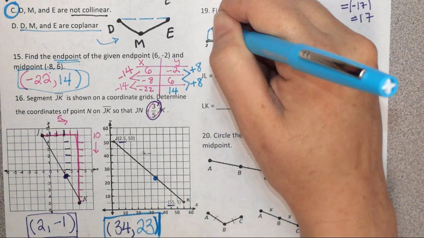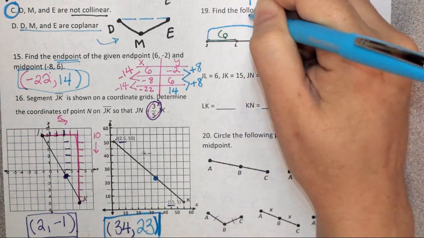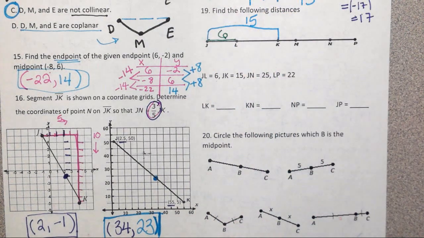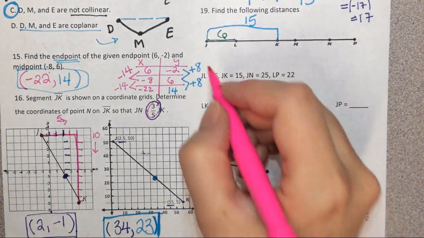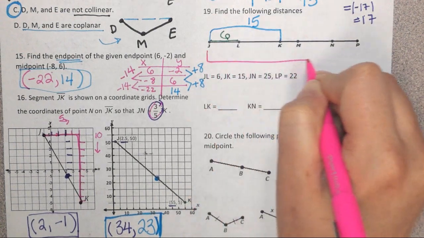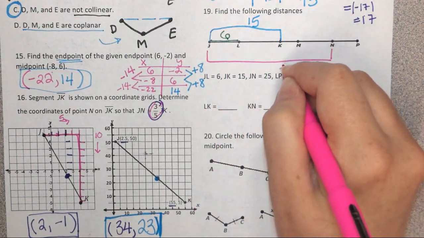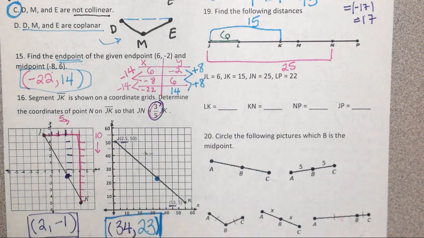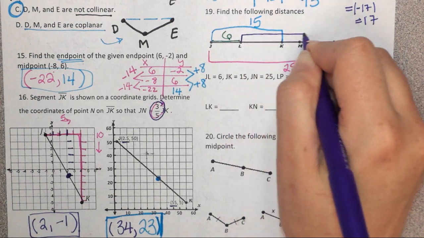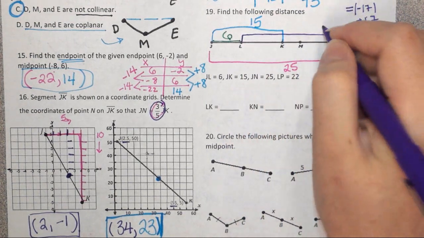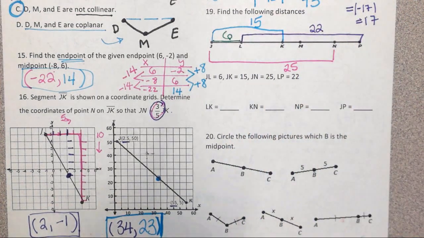From J to K, that length is 15. From J to N, that length is 25. And from L to P, that length is 22.